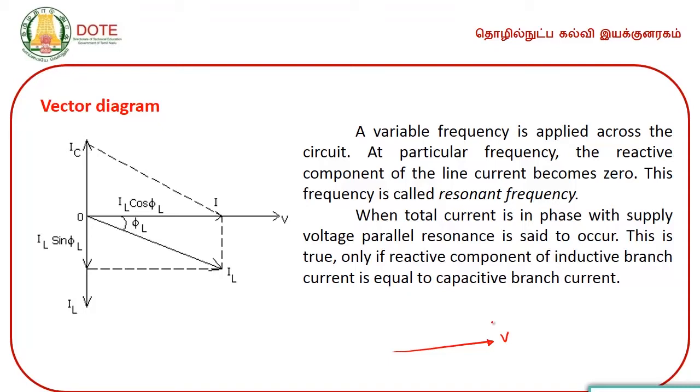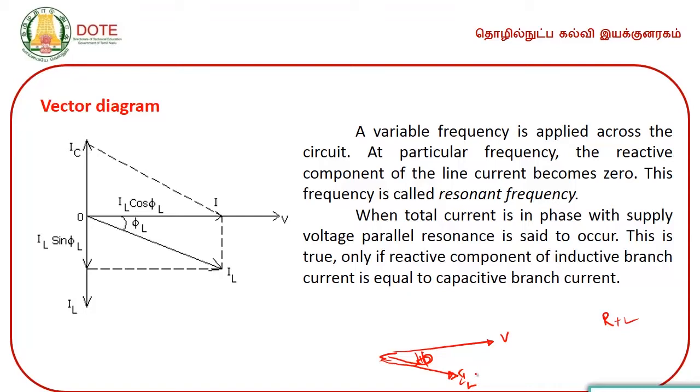But due to the presence of R and L, you have a phasor of I like this, lagging behind the voltage by an angle phi. So, this is your IL.